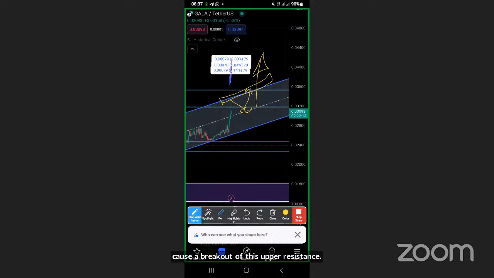It is a possibility, because if the price comes and is supported here, it will either get resisted by the upper line again, or come down, then on its approach going upward, that's when it will successfully break above the upper resistance.